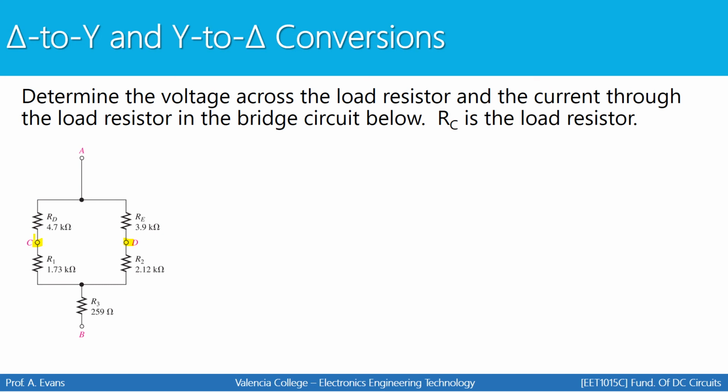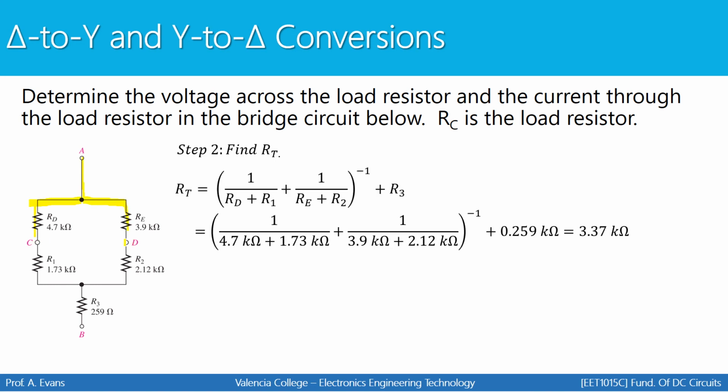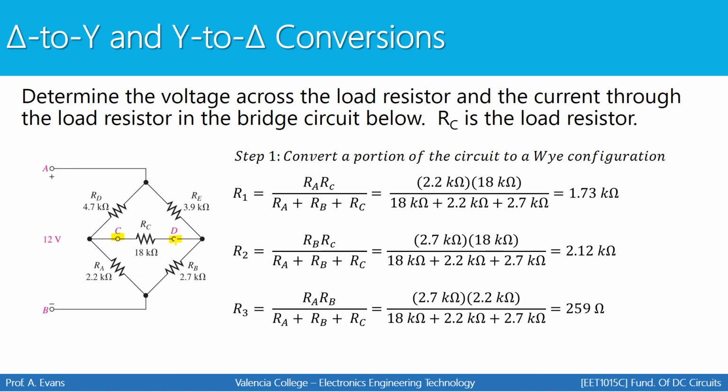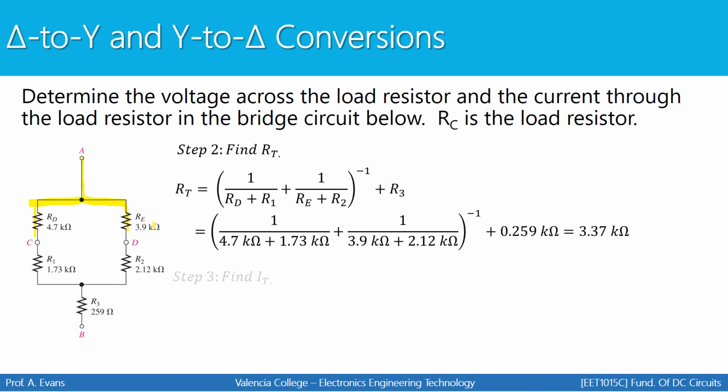So what we're going to do is find the voltage at point C, find the voltage at point D, subtract them. That would give me the voltage from point C to point D. And that voltage is going to be equivalent to the voltage here from C to D. There's my voltage for that load resistor. So that's our plan of attack.